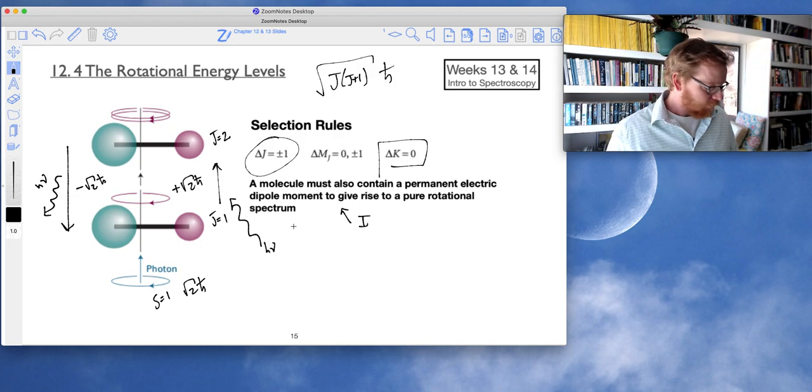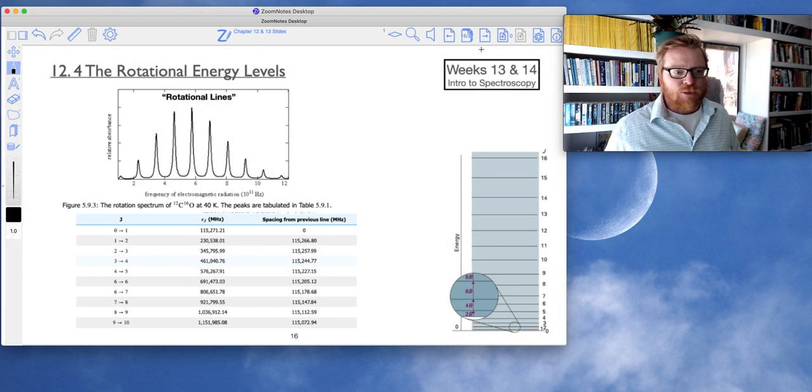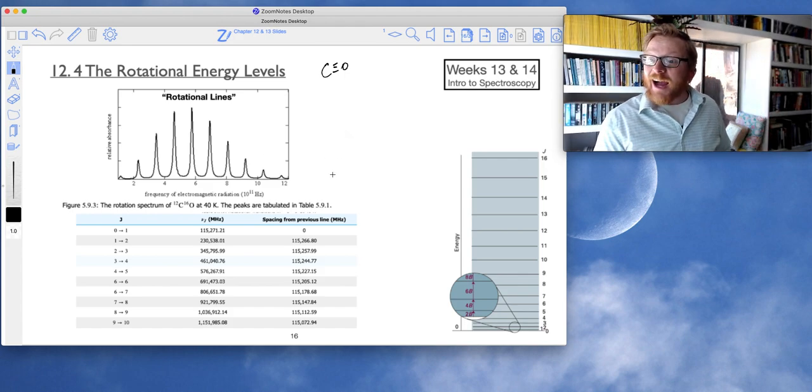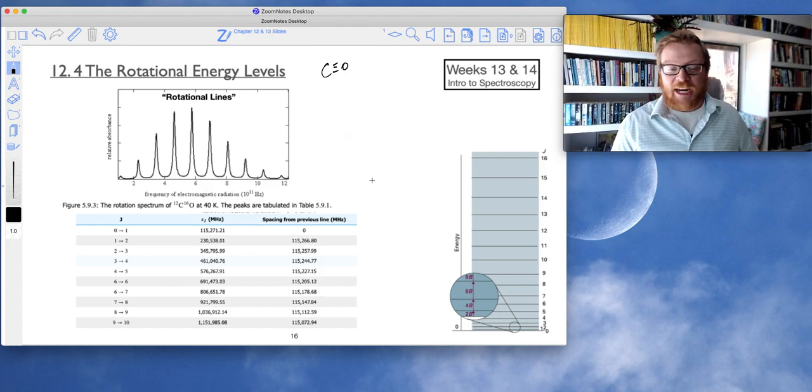Okay? So moving on. So here is a good example. So this is carbon monoxide. And now specifically, you notice that this is carbon 12, oxygen 16, because the isotopes in rotational as well as vibrational spectroscopy are really important, right?